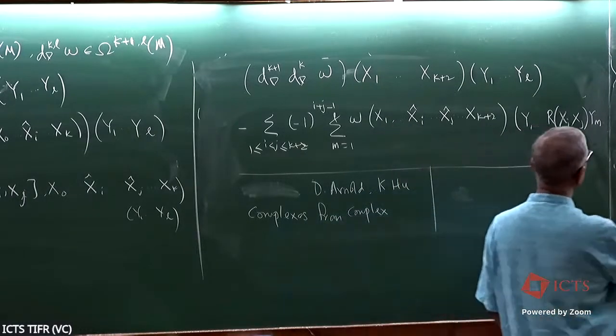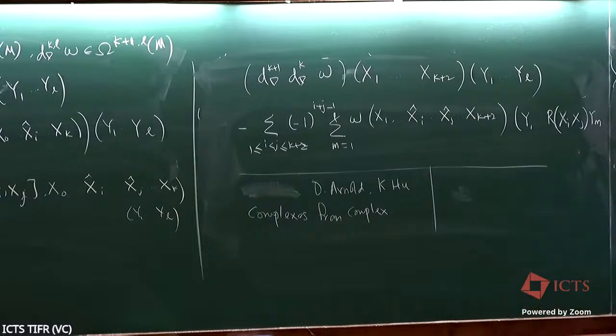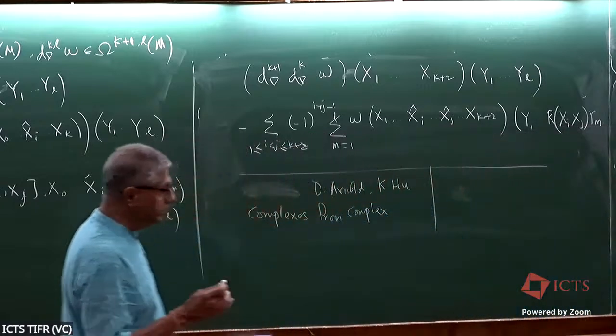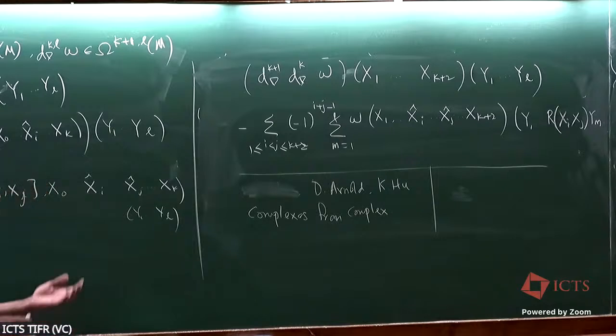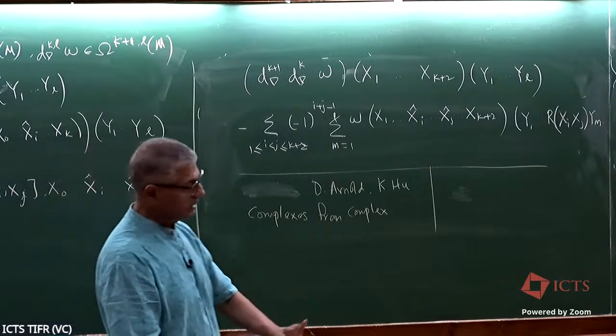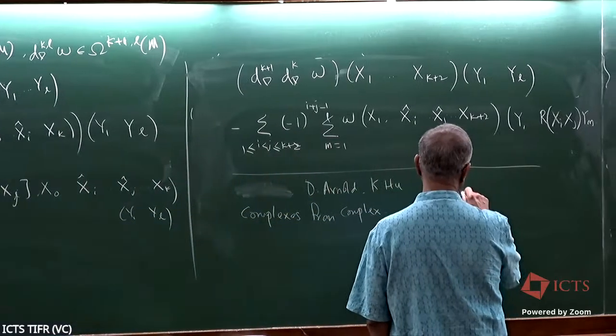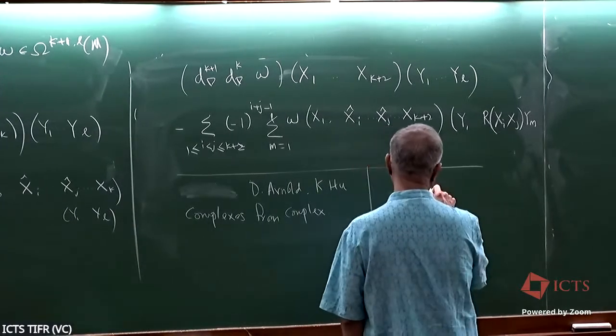For them, M is an open subset of Rn, and the connection is the one coming from the Levi-Civita connection of the standard Euclidean metric.